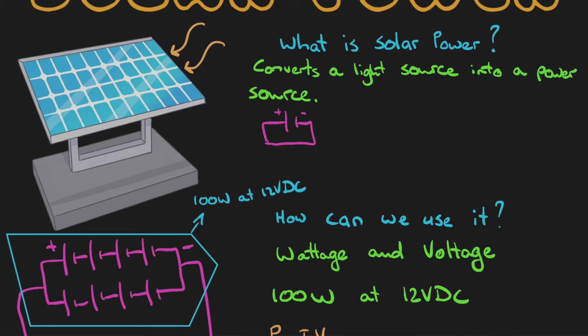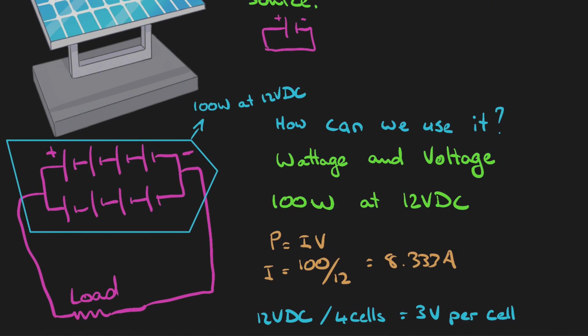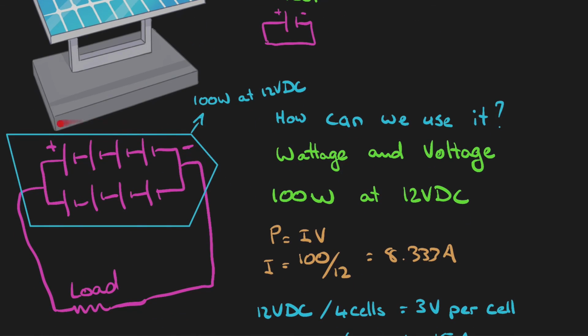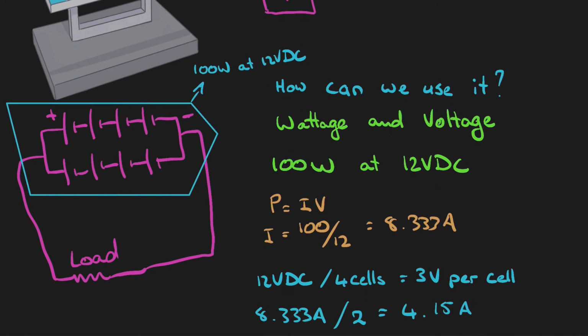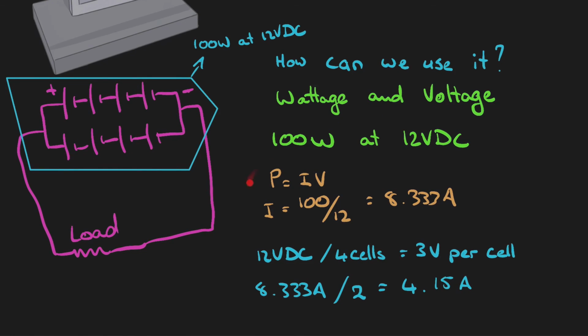And in this example, we said that this solar array produces 100 watts at 12 volts DC. Okay? So if we said that this solar panel looked like this, then we could calculate what the total current was using P equals IV.